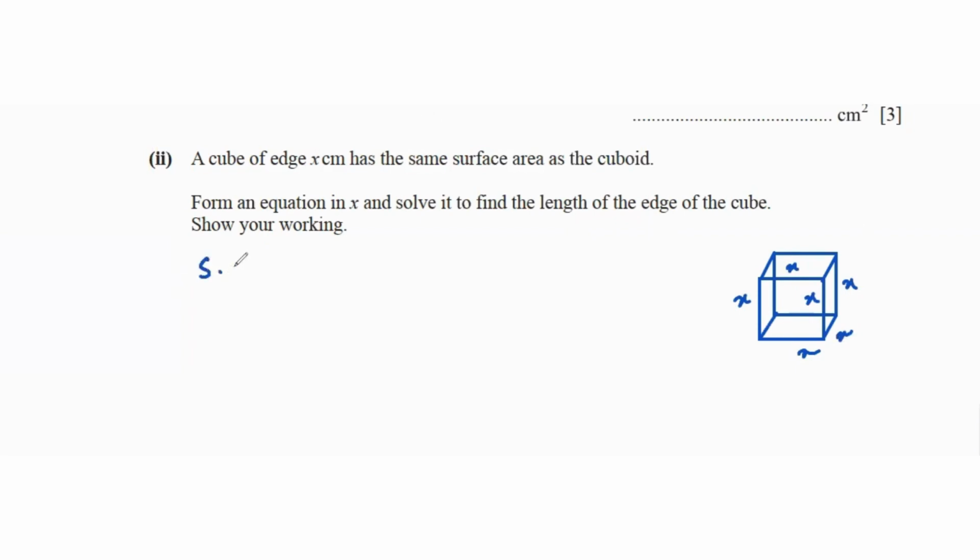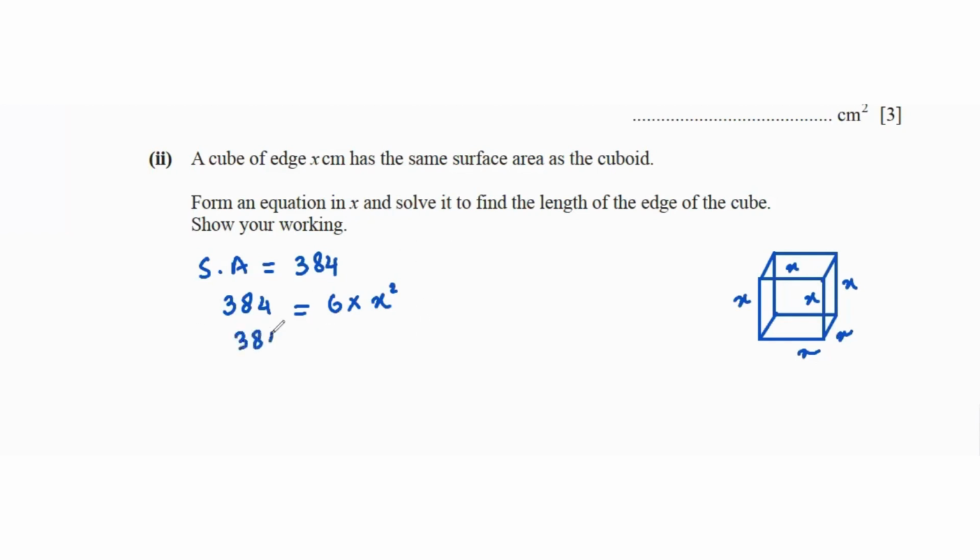And if this is sharing the same surface area, which is 384, which we just calculated, then 384 would equal 6 times x square. Why 6 times x square? Because a square has the area of x times x. And since a cube has 6 faces, 2 on the top, 2 in the front, and 2 on the side, we do 6 times x square.